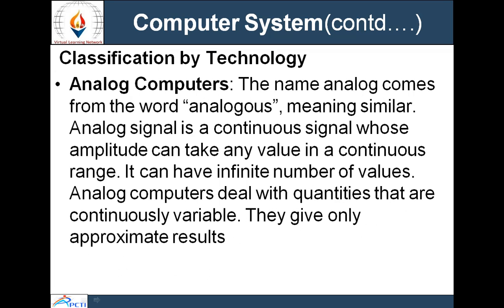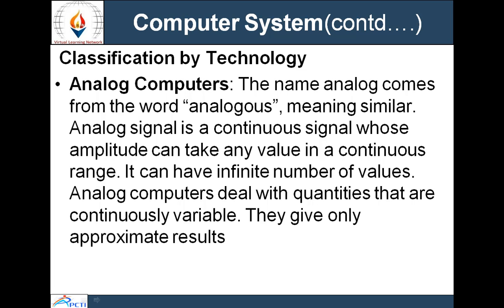Classification by technology. Analog computers. The name analog comes from the word analogous, meaning similar. An analog signal is a continuous signal whose amplitude can take any value in a continuous range. It can have an infinite number of values. Analog computers deal with quantities that are continuously variable.